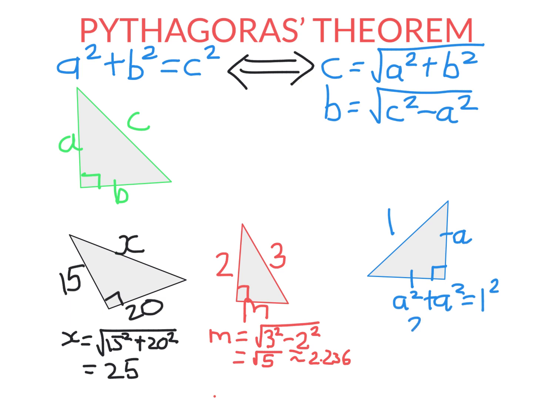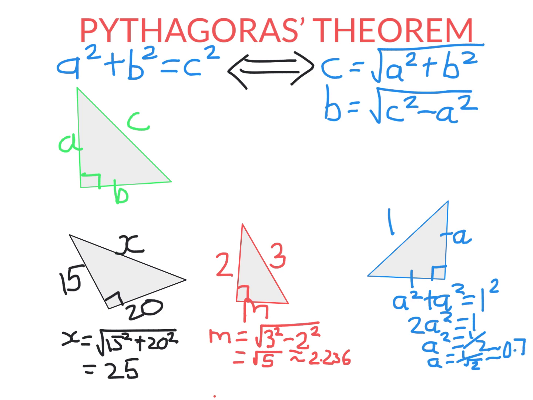Well, a squared plus a squared is just 2a squared. So we've got 2a squared equals 1. Divide each side by 2. And then you square root each side. a is the square root of a half, or 1 over root 2. That's the exact answer. And as a decimal, it's about 0.7.